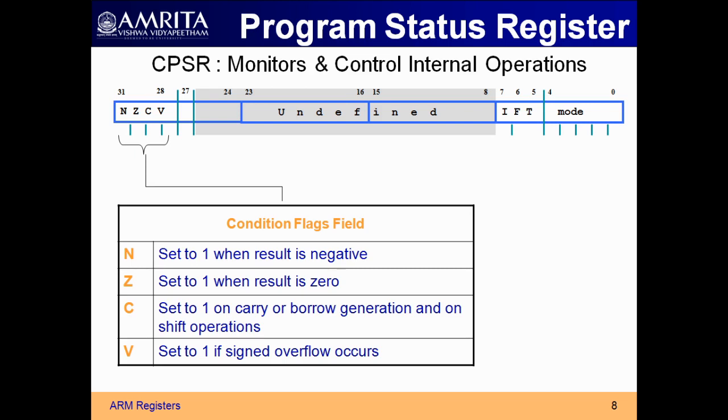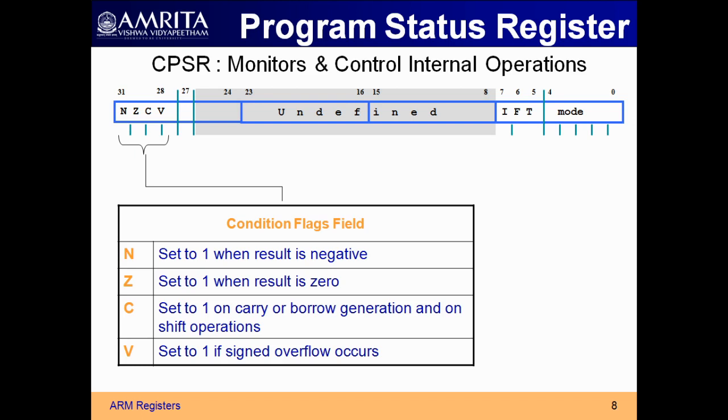Then which are the logical operations generating 0? 1 AND 0 is 0. 0 OR 0 is 0. 1 XOR 1 is 0. 0 XOR 0 is 0.